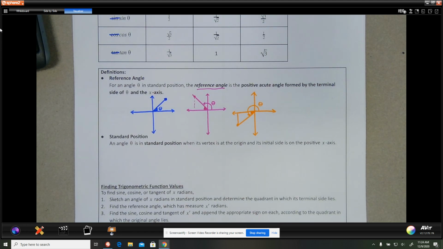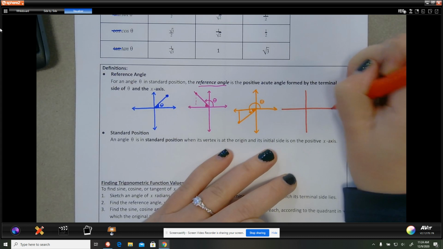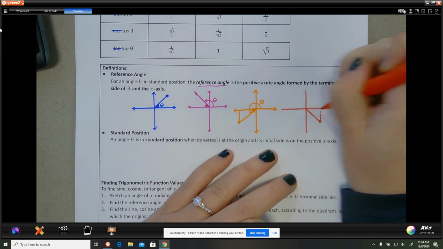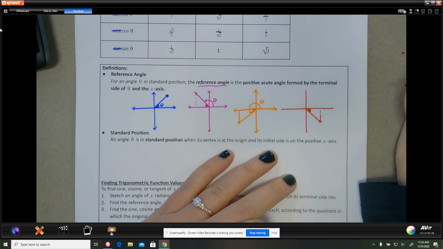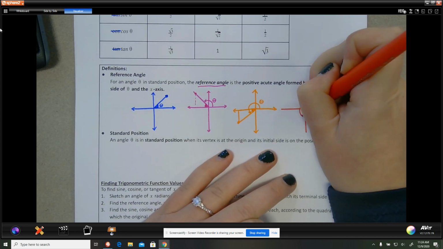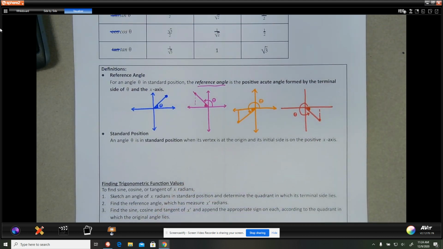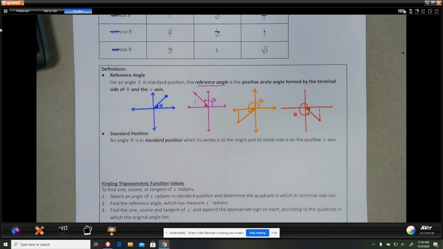And lastly, if we're in the fourth quadrant, right, we go back like this. This is our reference angle, even though this is our standard angle. Okay, so that's just a distinction between reference angle and standard position.